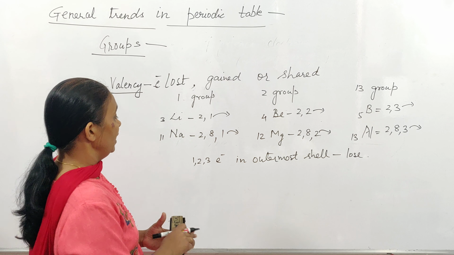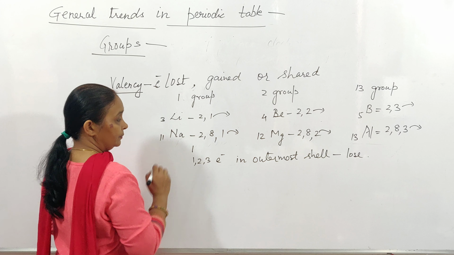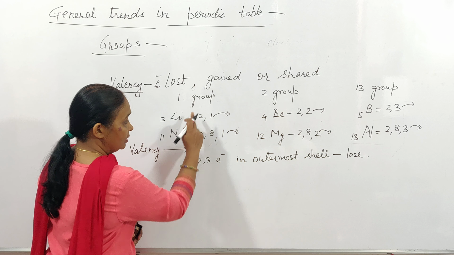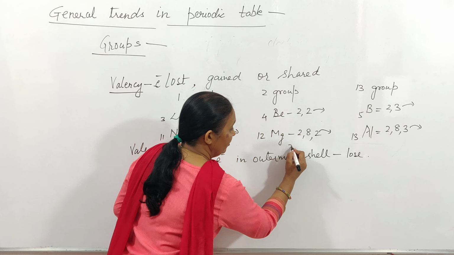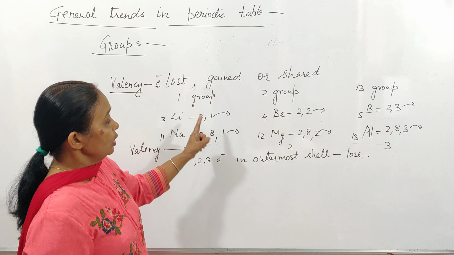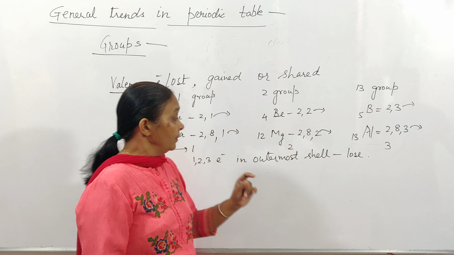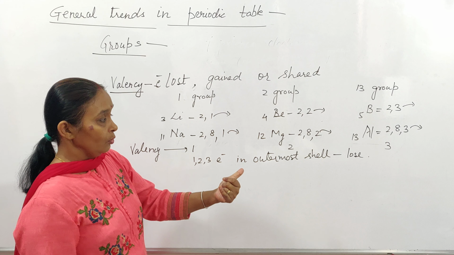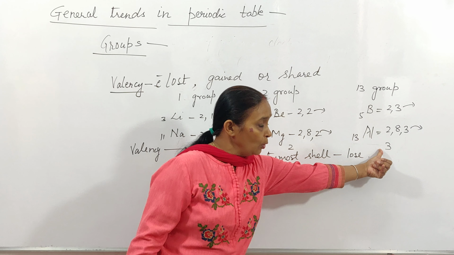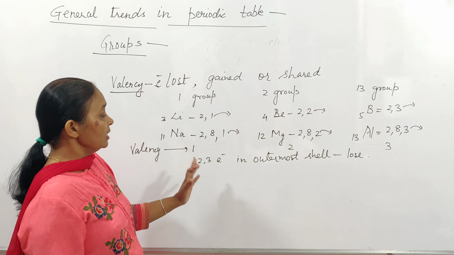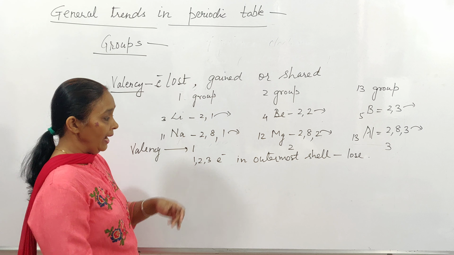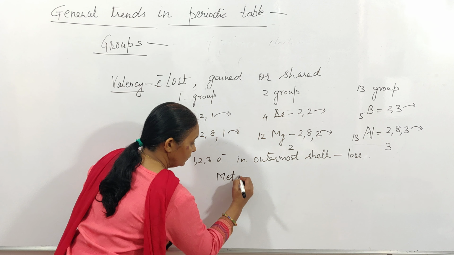So valency of first group elements is 1, second group elements will be 2 and third group elements will be 3. These elements which are losing 1, 2, 3 electrons, after losing them, will have 1 positive, 2 positive and 3 positive charges, and their valency is also 1, 2 and 3. All these elements are actually metals.